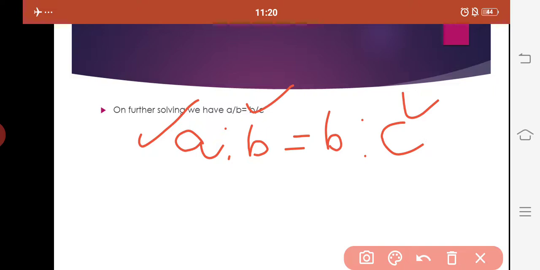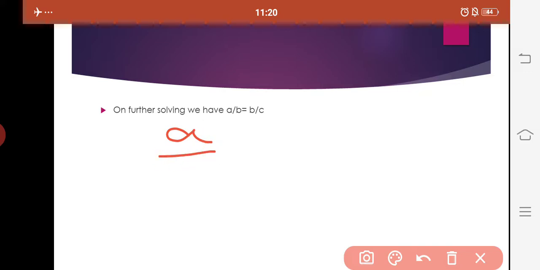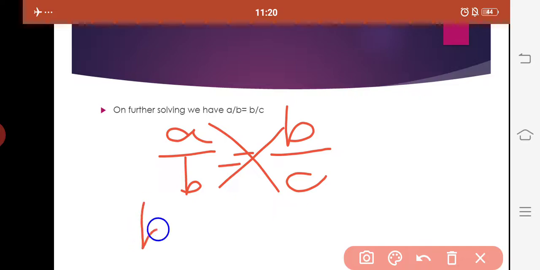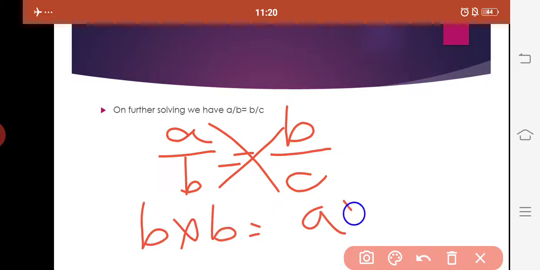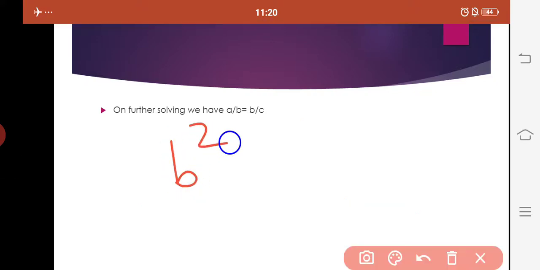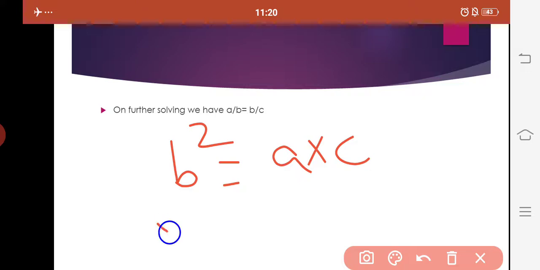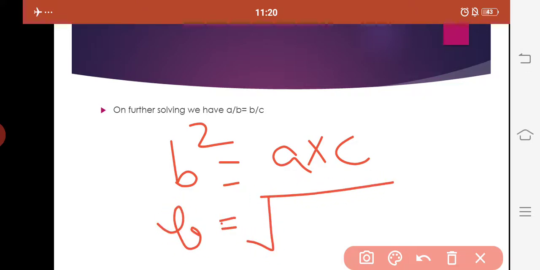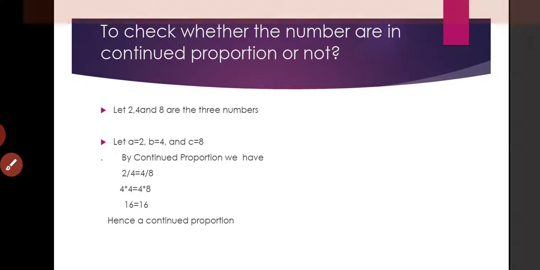The ratio can be written as A upon B is equal to B upon C. On cross multiplying, we have B into B is equal to A into C, which gives B square equals A into C, or B is equal to the square root of A into C.